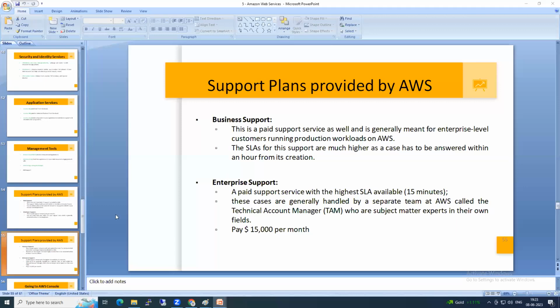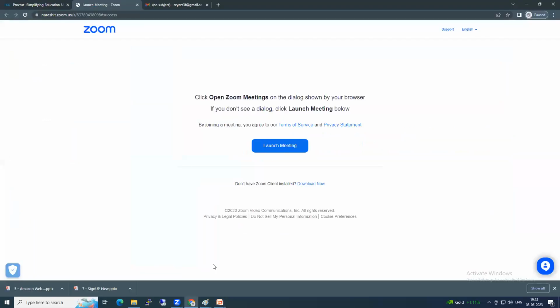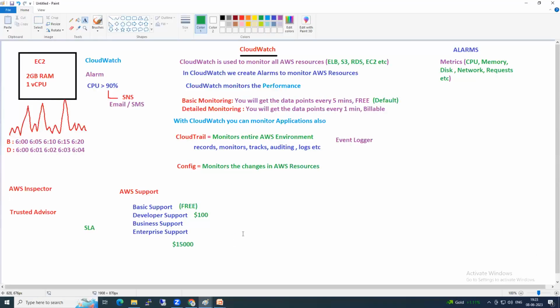Okay, guys. Whatever services we have discussed so far are all core services commonly used across companies. These are the services we will be covering. Now, are you ready to see the console? How does it look?